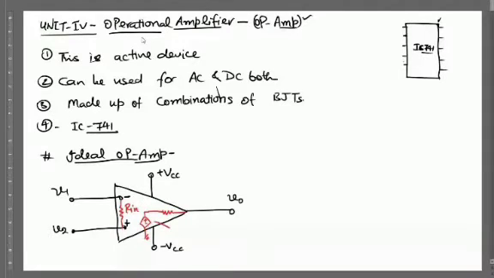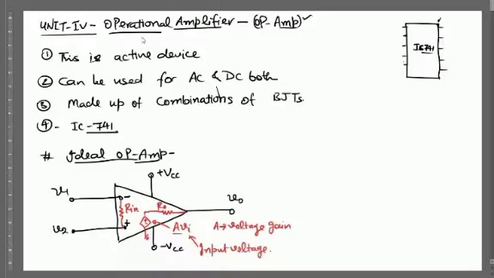Its value is A VI, where A is the voltage gain and VI is the input voltage. And this is the output resistance R naught. So simply, this is the circuit diagram for the ideal op-amp.